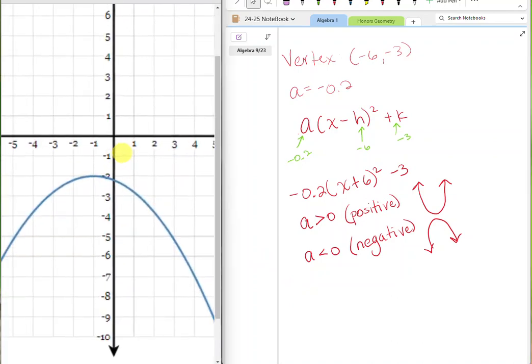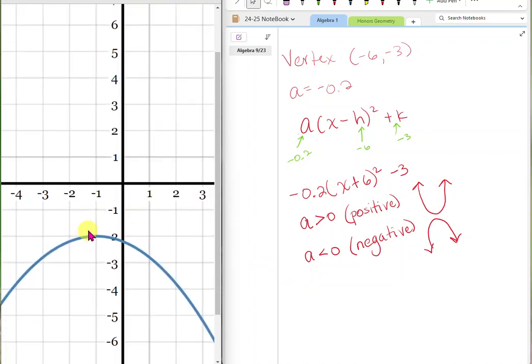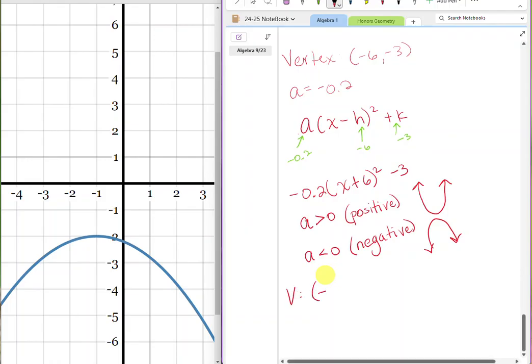So then you go to the graph and you read the vertex. So that's -1 and then -2. And we're going with the -0.2 for the A, x minus a -1.